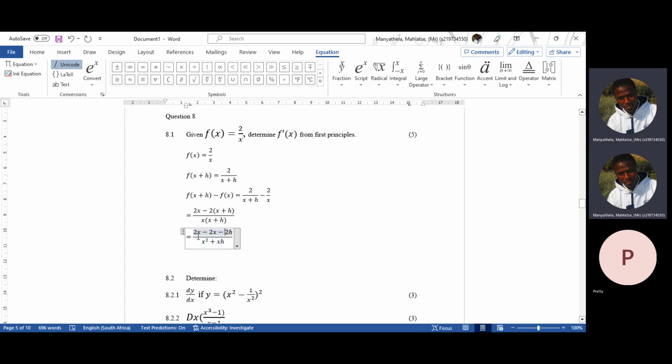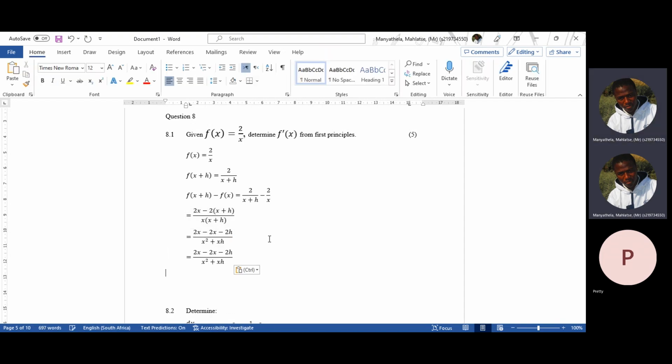So at like terms, we're having positive 2x and negative 2x, so 2x will cancel negative 2x, and then we'll remain with negative 2h over x squared plus xh. Now that this thing is simplified, we are ready to derive.